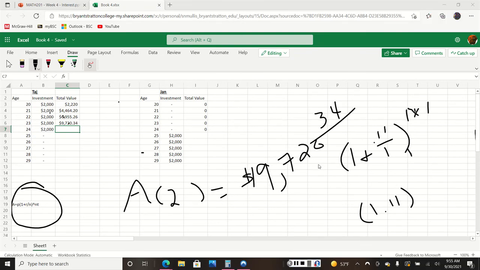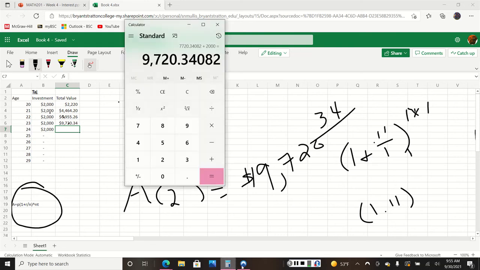So we're just going to take that and multiply that by 1.11 like we did the other ones, and that gives us $10,789. But again, Taj invested $2,000 for the last time, so we need to add $2,000, and that gives us $12,789.58.